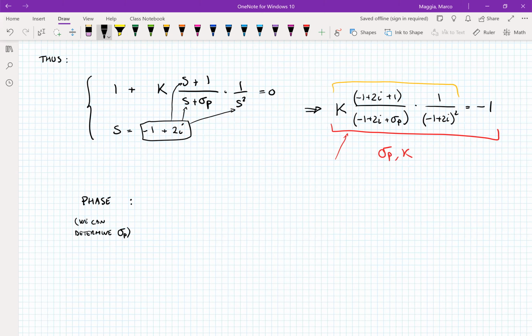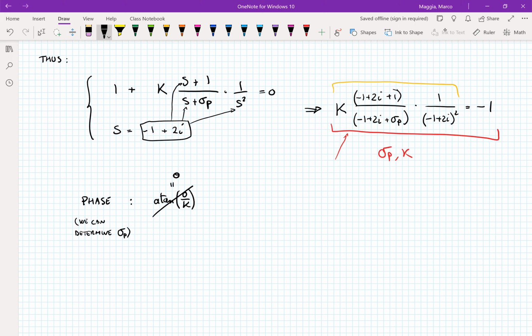All right, so the phase associated with k is arctangent of 0 over k. That is 0, because k we assume it to be positive. So that's why k will not be determined using the phase equation, but only sigma p. Now we go ahead with what we have at the numerator.